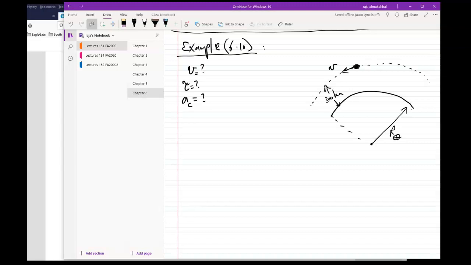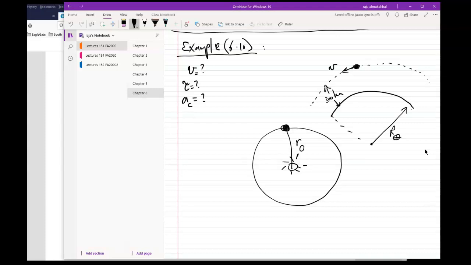Okay? In other words, let me just digress a little bit. Here is the sun, right? Here is the Earth going around the sun. This is Earth, okay? Going around the sun. Here is the distance between them.